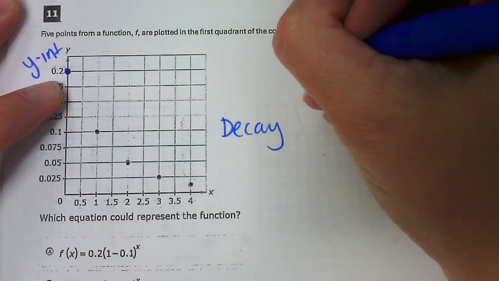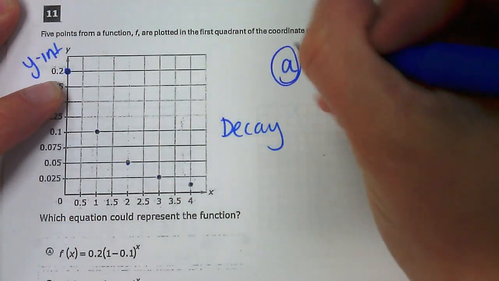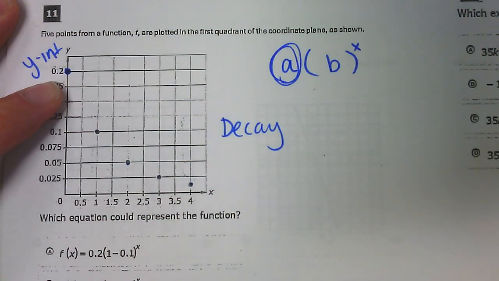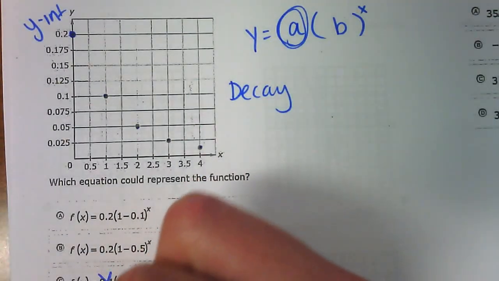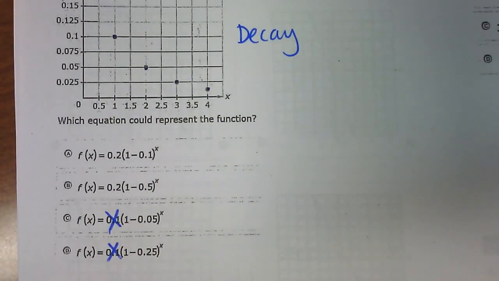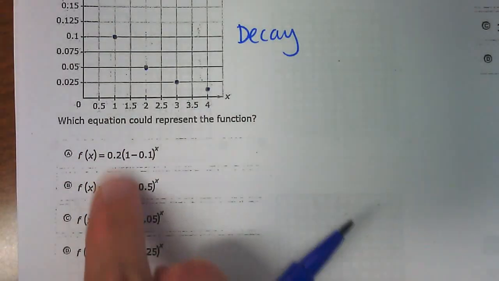So some important things to think about is that this part of the function is going to be our y-intercept. So if we look through our choices here, we can tell that C and D are incorrect because they have the wrong y-intercept. The correct y-intercept is 0.2.